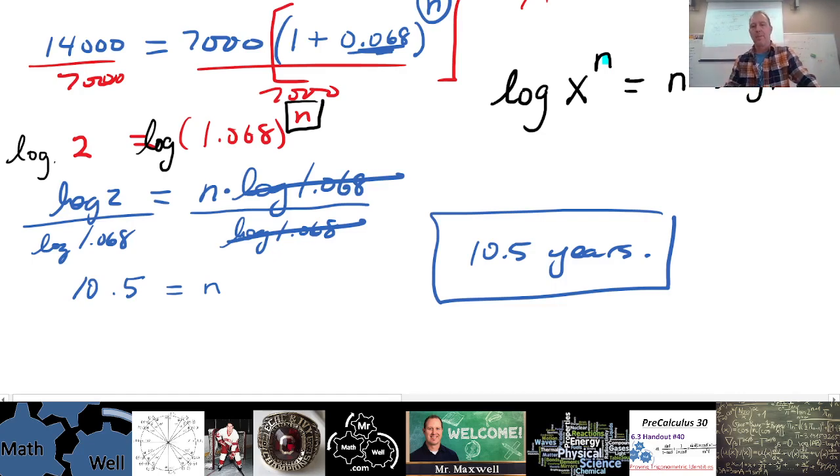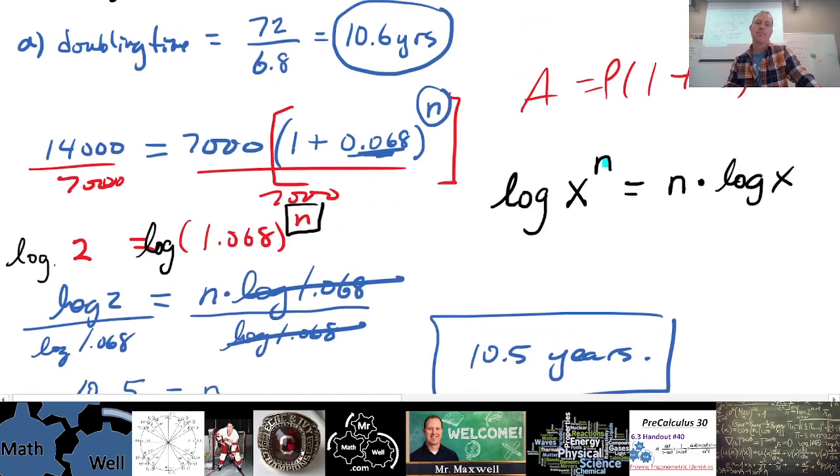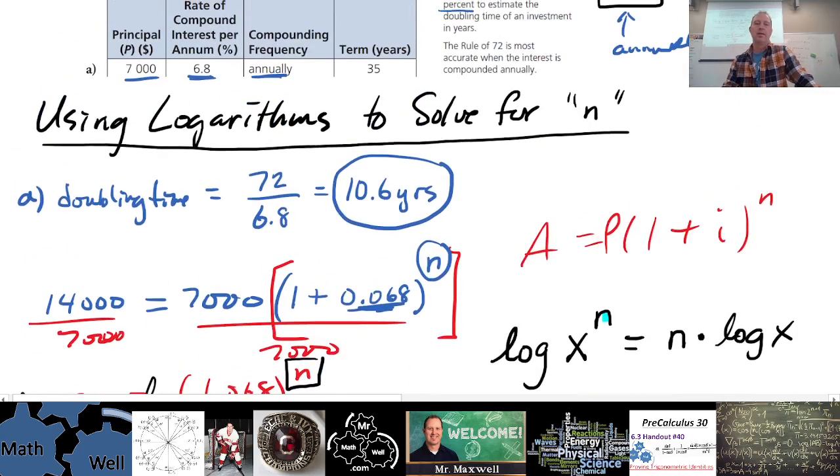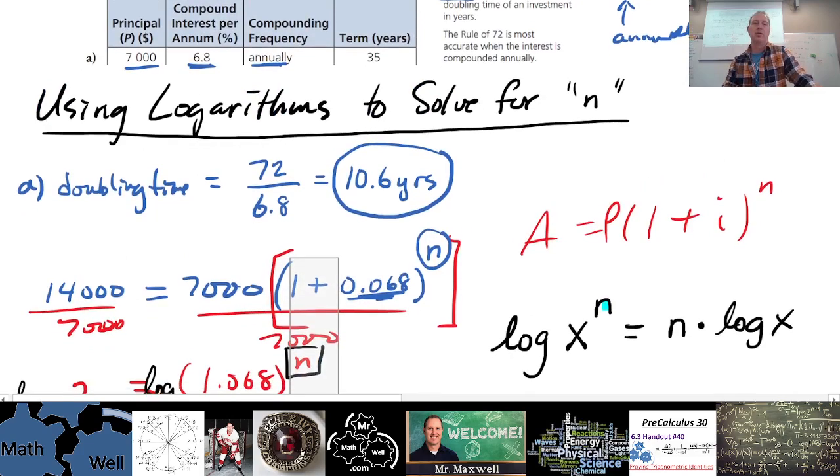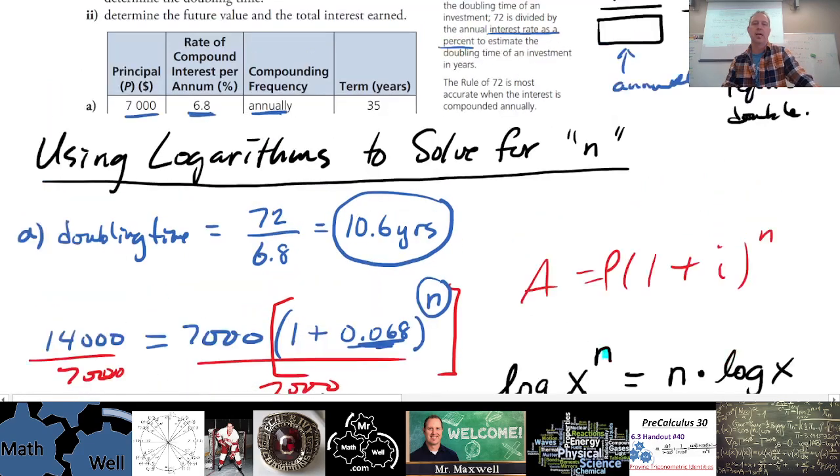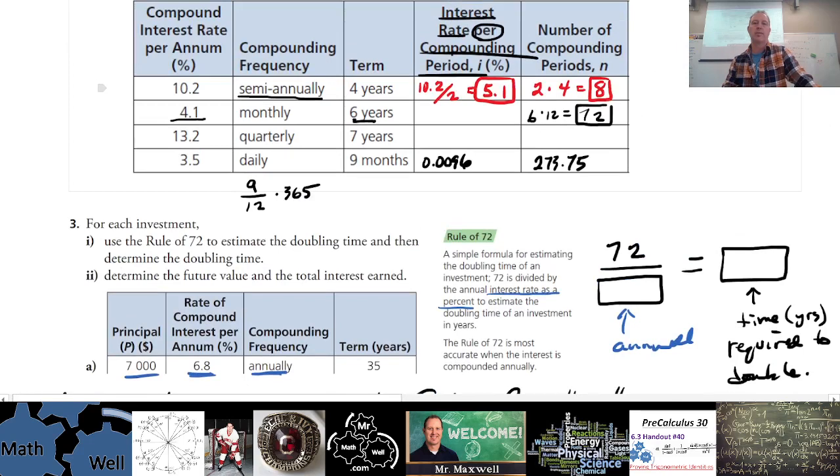Yep. If it's not annually for the equation, would you have to do a different interest? Yeah, exactly. If it's not annually, then this interest is not going to be the annual interest. Okay, so that's what we talked about up here, right? So if it's monthly, then you take this and you divide that by 12, and that's the interest rate, which I thought I had up here.